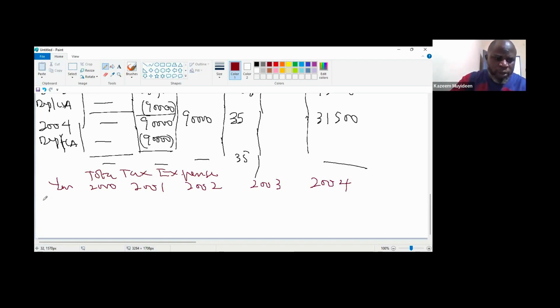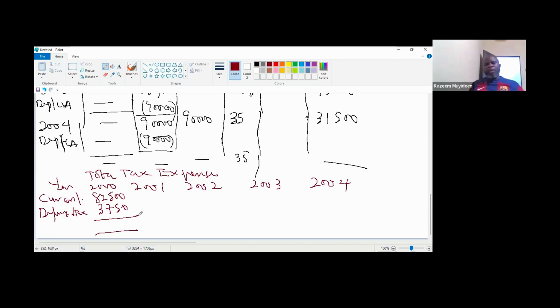First one, I would say current tax and the movement in my deferred tax. Current tax is 82,500. Deferred tax is 3,750. This is the total tax expense I will use to be paying the account.